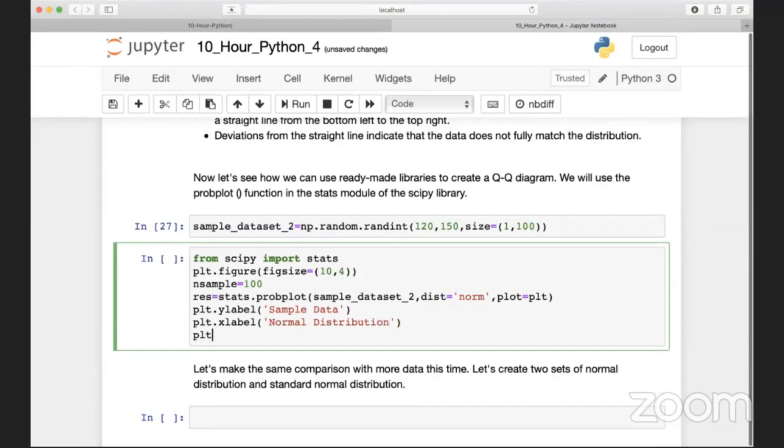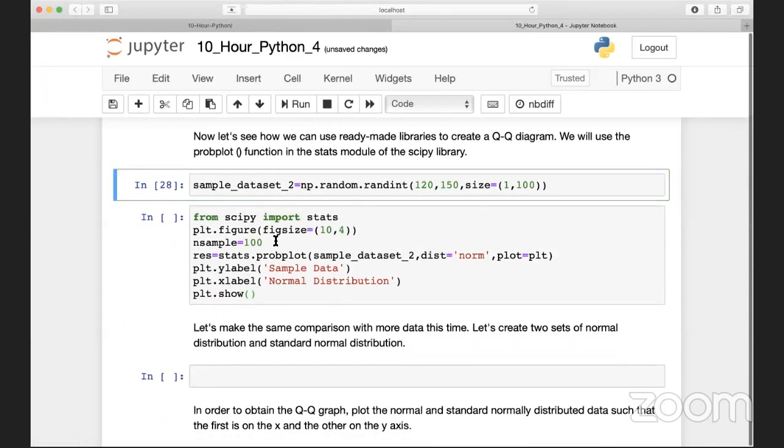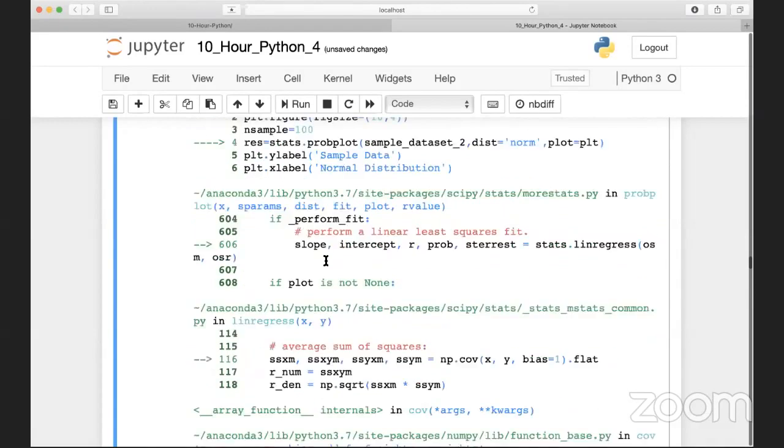What's left is the plt.show. So let me check it before running the code. I need to run this first, and then the rest should work. Okay, what's the problem here?